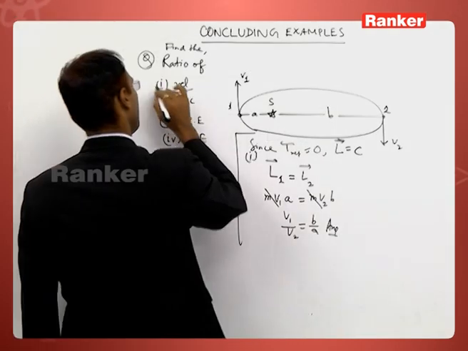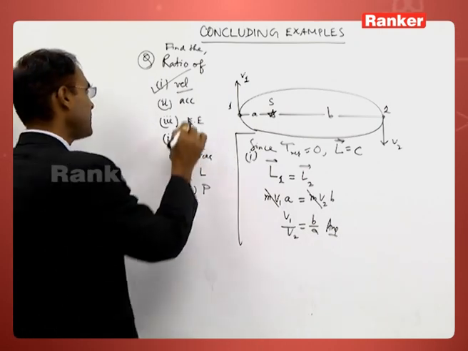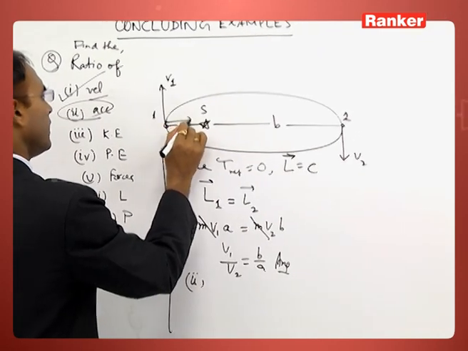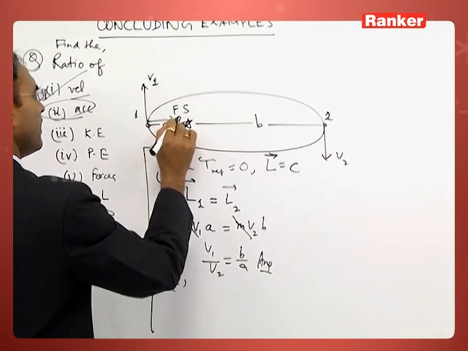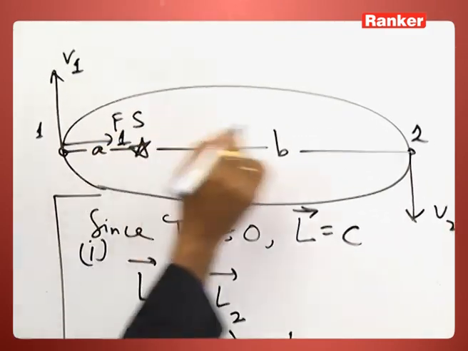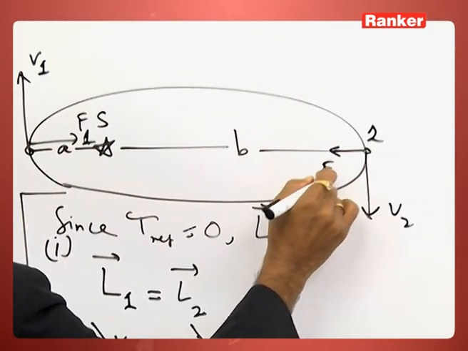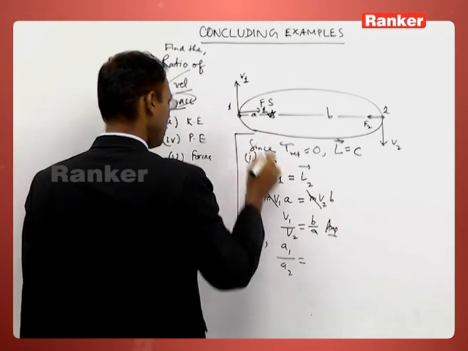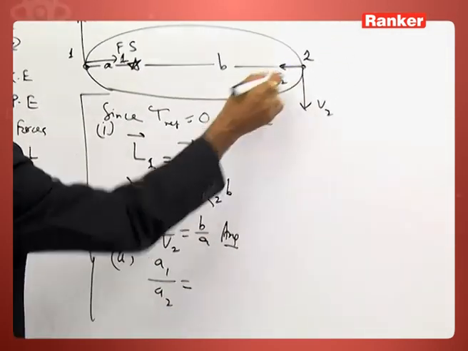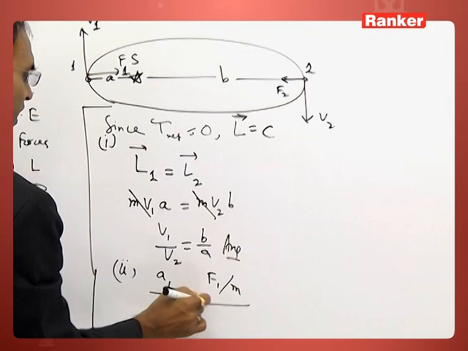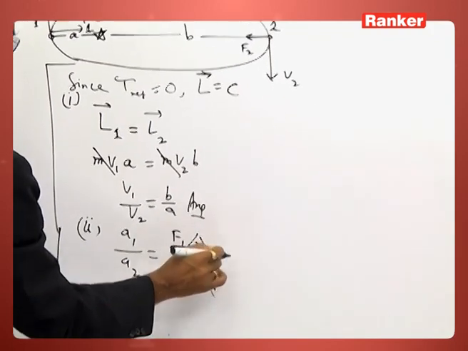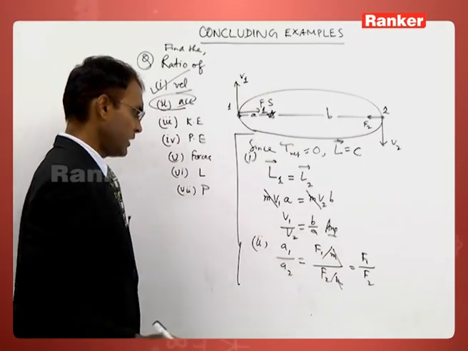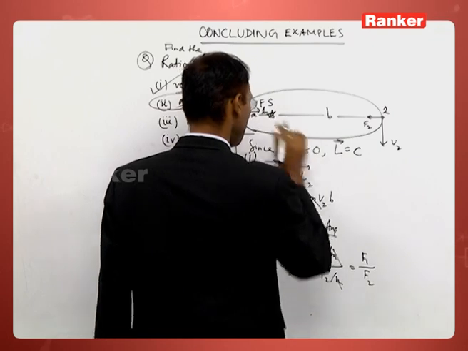For acceleration, here the force acting is F1. Here the force acting is F2 due to the sun. So acceleration a1 at point 1 upon the acceleration at point 2 is equal to F1 by m upon F2 by m. According to Newton's second law, we are getting the ratio of the forces.